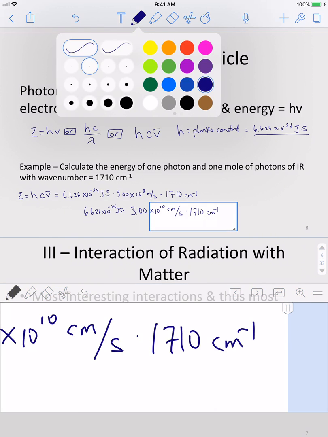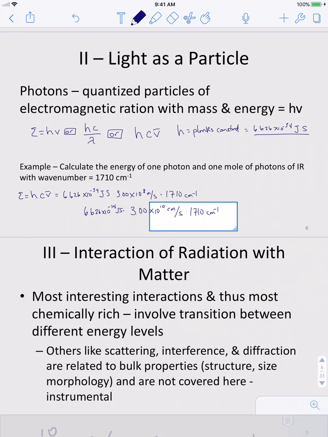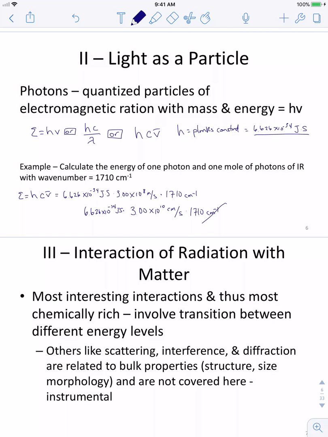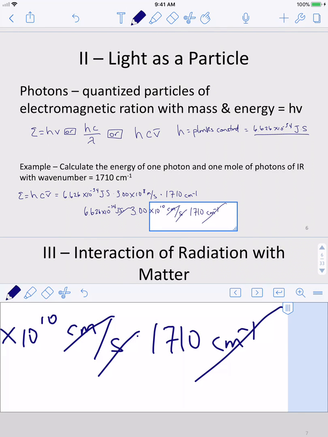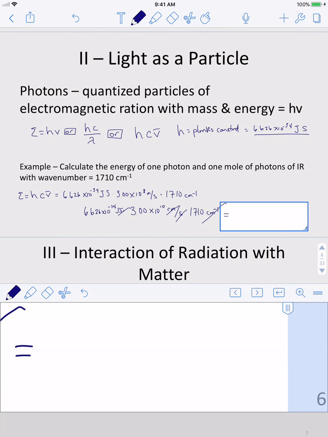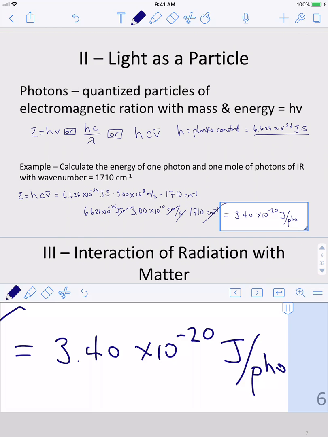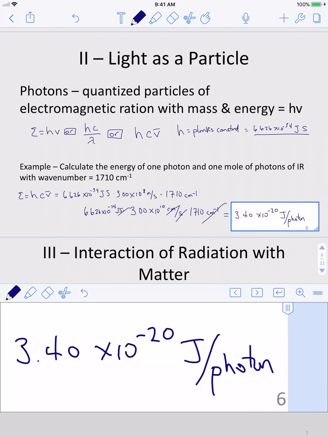We're going to cancel out centimeters and seconds, and we're going to end up with just joules, which is a unit of energy, which is good here. That's what we want. And so in joules, this equals 3.40 times 10 to the negative 20 joules per photon. So we are measuring the amount of energy for a single photon so far.